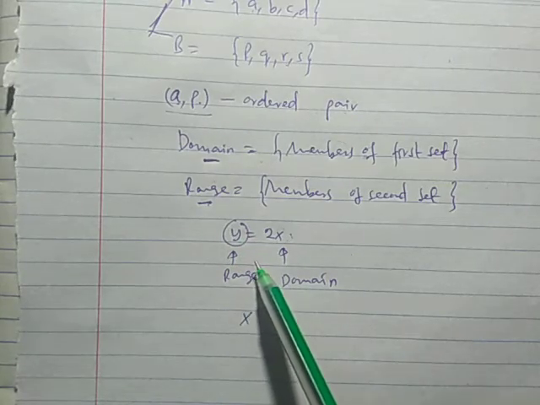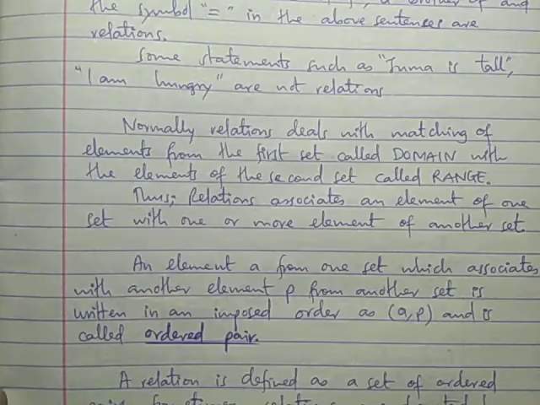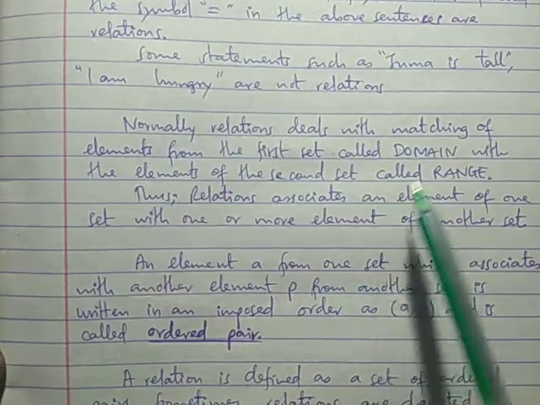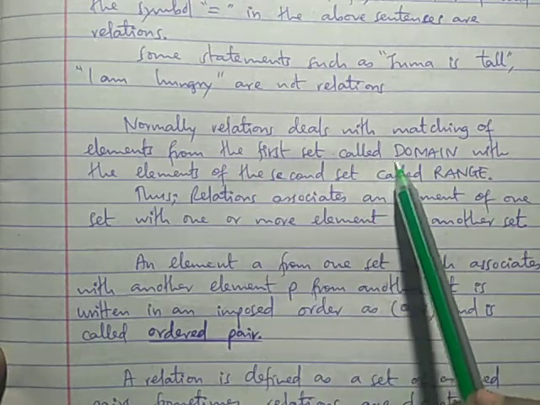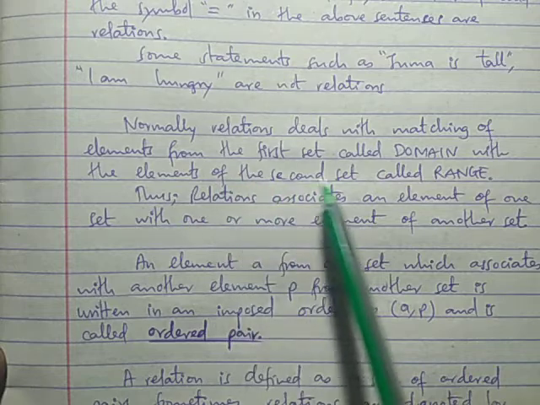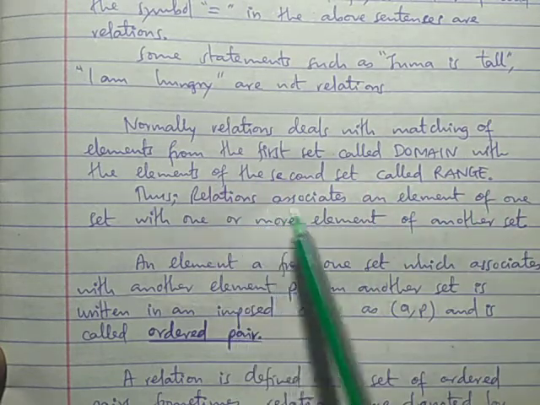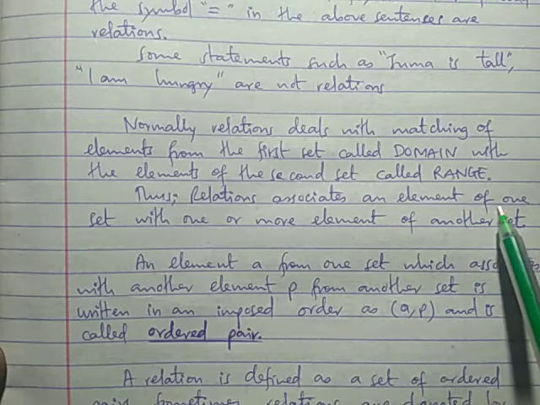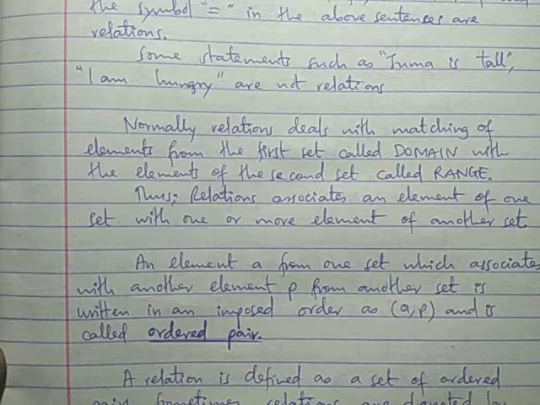Kwa hiyo tunachokisema ni kwamba relation deal with matching of elements from the first set called domain with the elements of the second set called range. Thus, relation associates an element of one set with one or more element of another set.